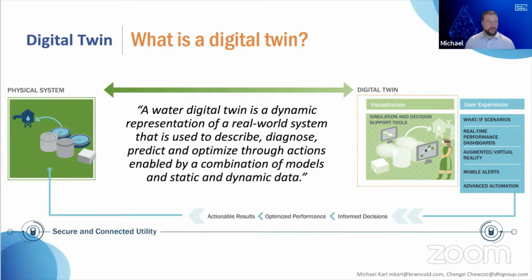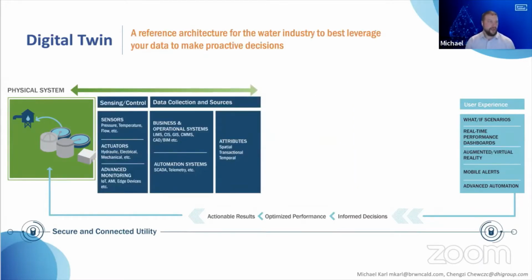So to talk a little more thoroughly about the components inside of this twin, I want to show the first part, usually a lot of the traditional systems that we already have. So the sensing and control column, you'll see where it talks about sensors that we've had for quite a while, pressure, temperature, flow, etc. And actuators, or the final control elements that are typically used, pumps, hydraulic systems, mechanical, etc. And then the category of more advanced or smart monitoring infrastructure, where there's IoT infrastructure that you're hearing about today and throughout this week, as well as AMI and other edge devices.